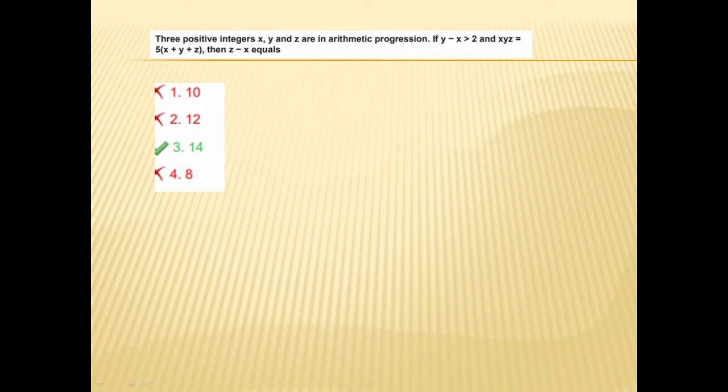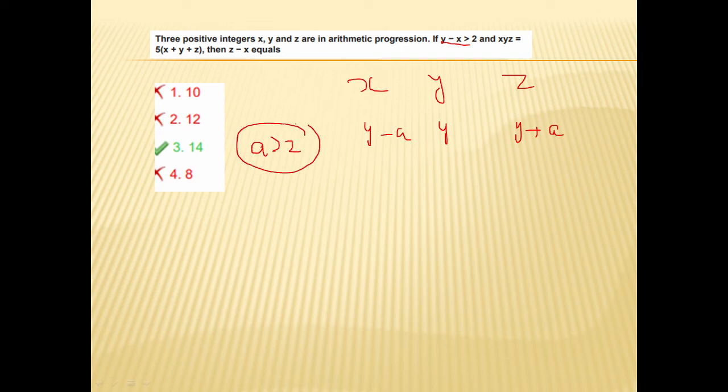Yes. So now let's solve this. X, y, z. Since you can see that there is x plus y plus z, we will take this as y minus a, y, y plus a, so that when we add this, a gets cancelled, the common difference gets cancelled. Now given y minus x greater than 2, so a is greater than 2, remember this.